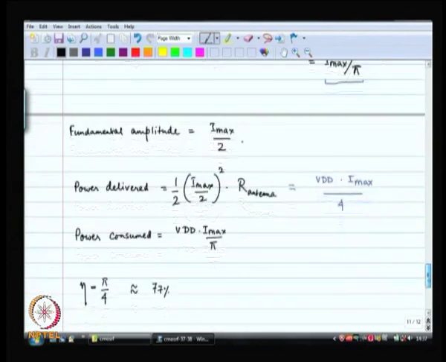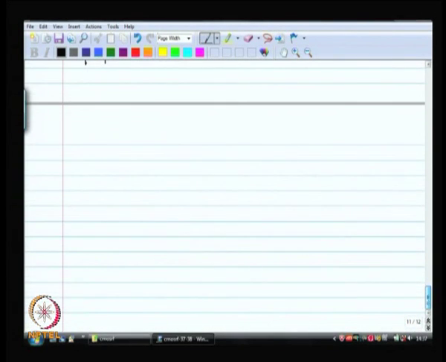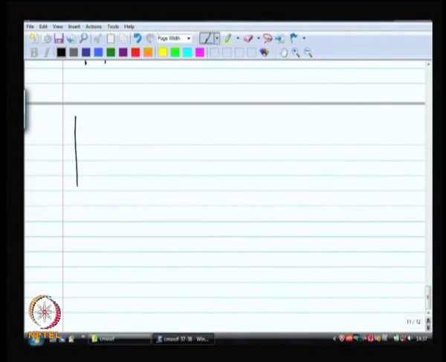So, this is basically the idea as far as class B amplifiers are concerned, and class C, this is where we will work a little harder, is a more general version of the class B, where we say that our current, let us first draw a sinusoid current.